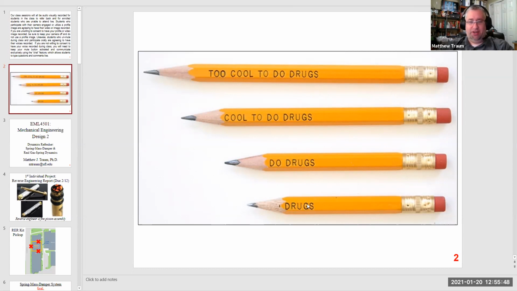A bunch of students would intentionally write with an extremely short pencil that said "drugs," a pencil from the government that said that on it. Anyway, a funny story from my childhood that describes what happens when a designer doesn't think about the end user and how they're going to use the product.